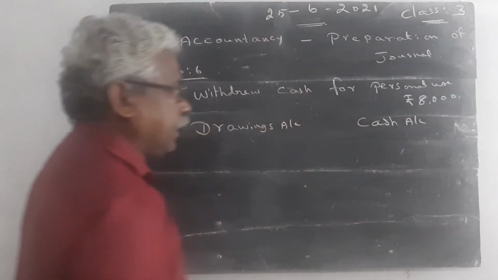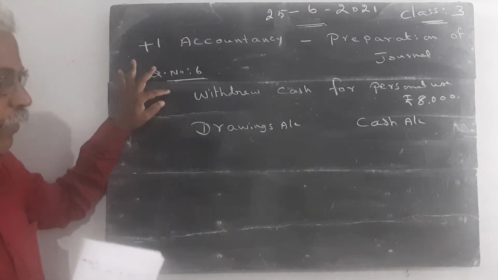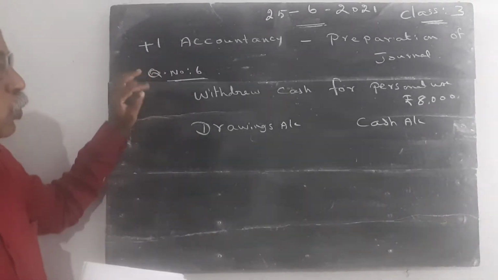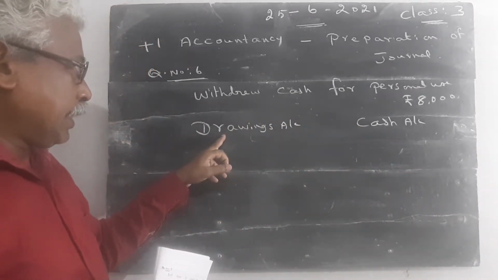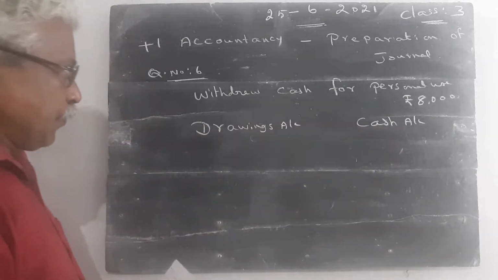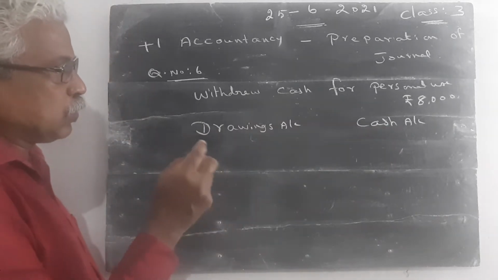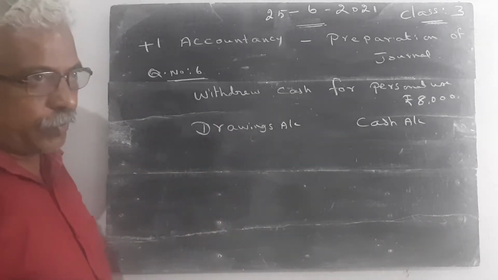Already we studied that each and every transaction has two accounts. Number 1, drawings account. Number 2, cash account. If any cash is withdrawn for personal use, it is considered as drawing.